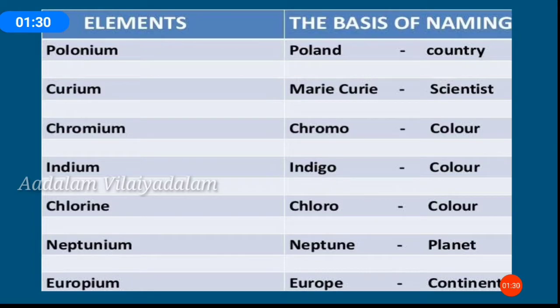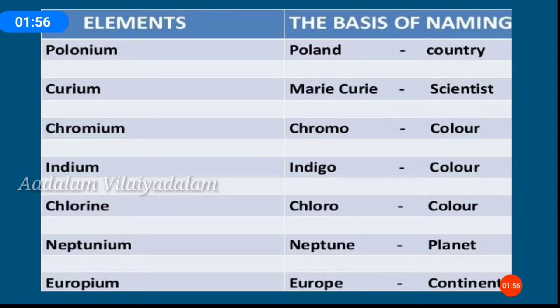This name was given after the country name Poland. Curium, named after its discoverers, Marie Curie. Chromium, from chroma, is given after the color. Then indium, from indigo, a color of this element. Chlorine, given after the color, chloros.